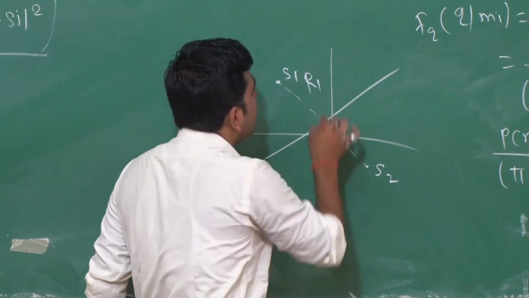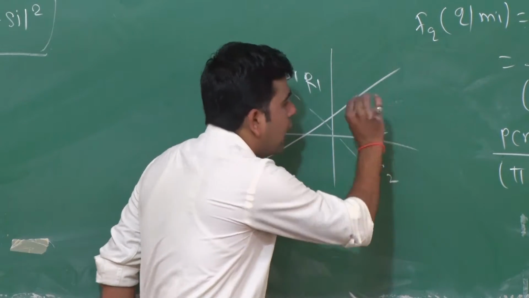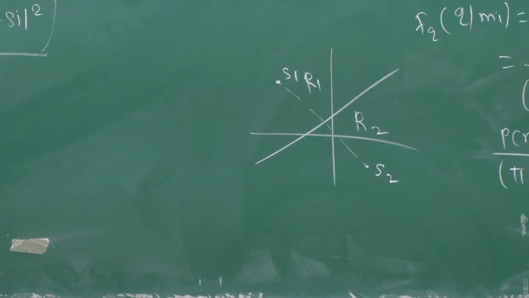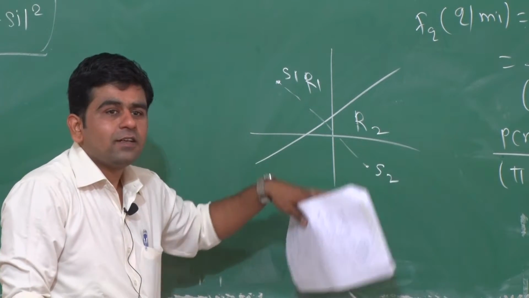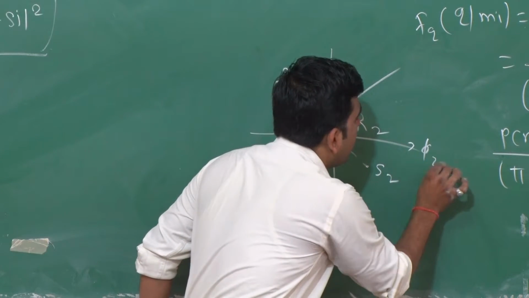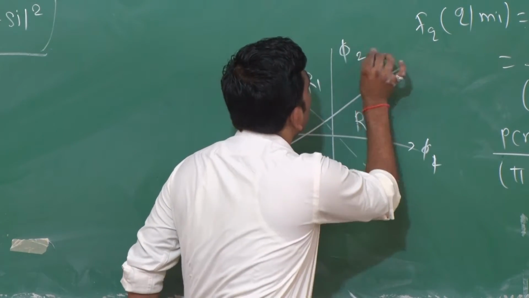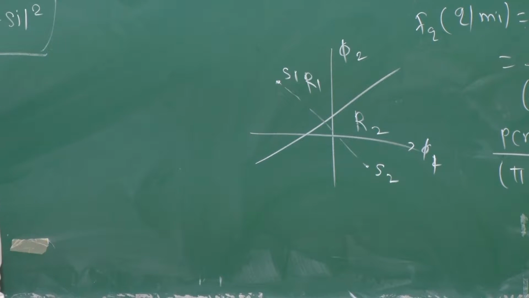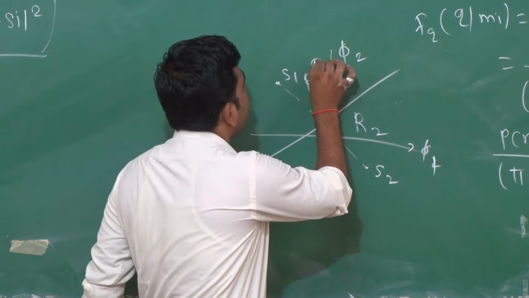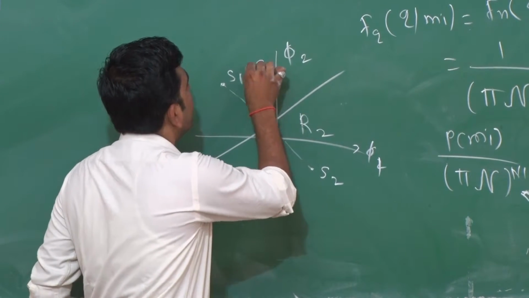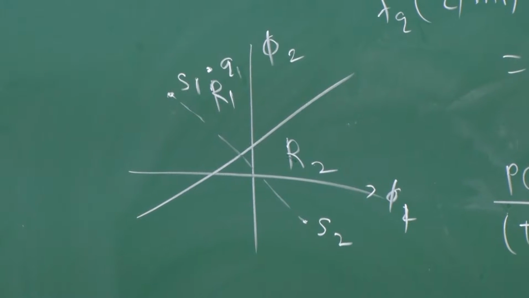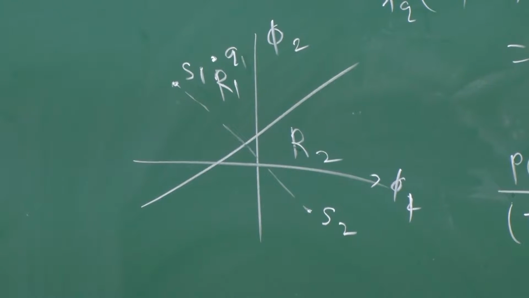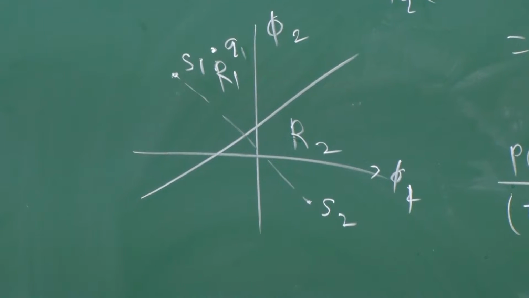That means we are having region R1 and region R2. And at receiver, we are going to receive this Q. We have to plot this Q on these Q1 and Q2 on this two basis function diagram. Suppose Q1 is placed here. This Q is placed here. This is the point. Now we have to make a decision about S1, whether this S1 is transmitted or S2 is transmitted.